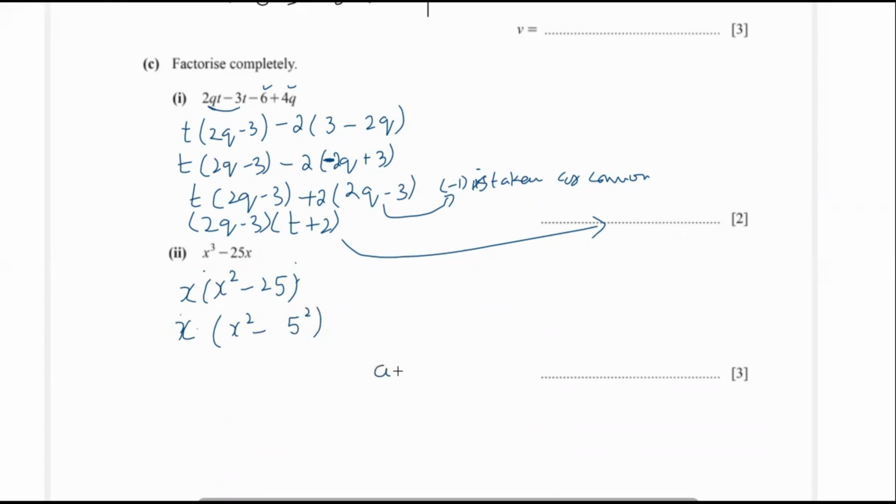Now we use the identity a square minus b square, that's equal to (a plus b) into (a minus b). Now you see here that x square minus 5 square can be written as (x plus 5) into (x minus 5). And this is the answer.